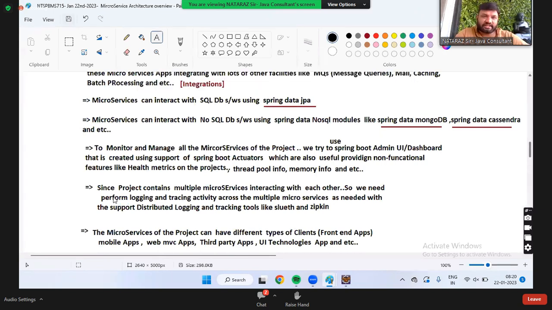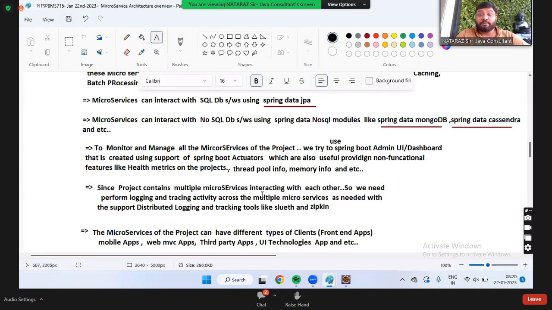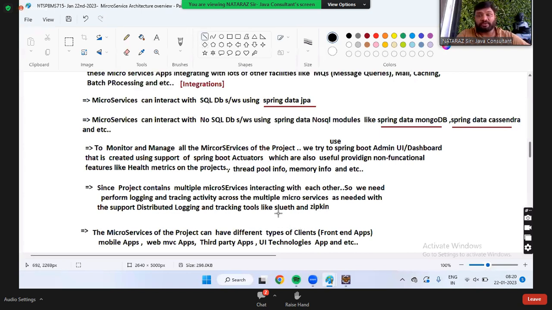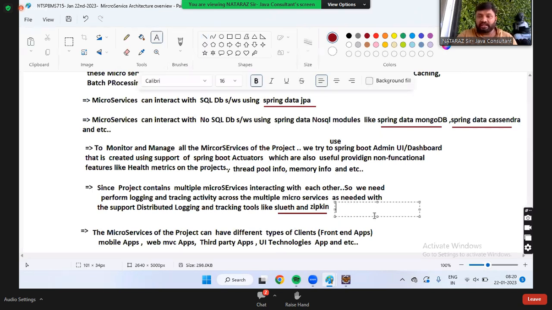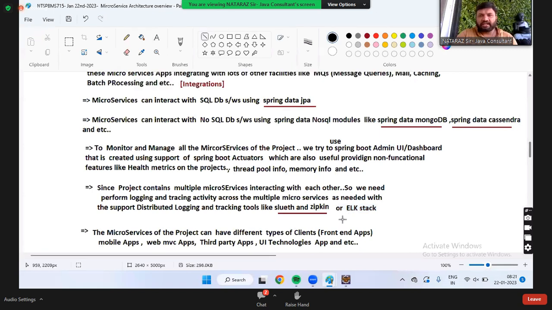Next, since a project contains multiple microservices interacting with each other, we need to perform logging and tracing activity across the multiple microservices, as needed, with the support of distributed logging and tracking tools like Sleuth and Zipkin, or the ELK stack. Interesting or not?